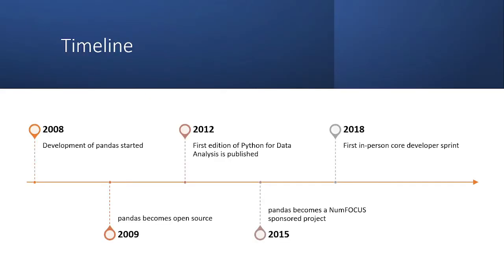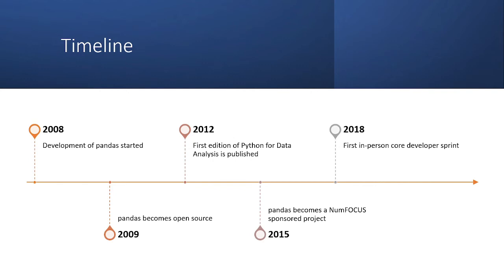So let's take a look at the timeline of where all of this started and where we are now. The development of Pandas started in 2008. In 2009, it became open source, accessible for everyone to use. Then in 2012, the first edition of Python for Data Analysis is published. It's wonderful to see that the growth was there. In 2015, Pandas becomes a NumFOCUS sponsored project.